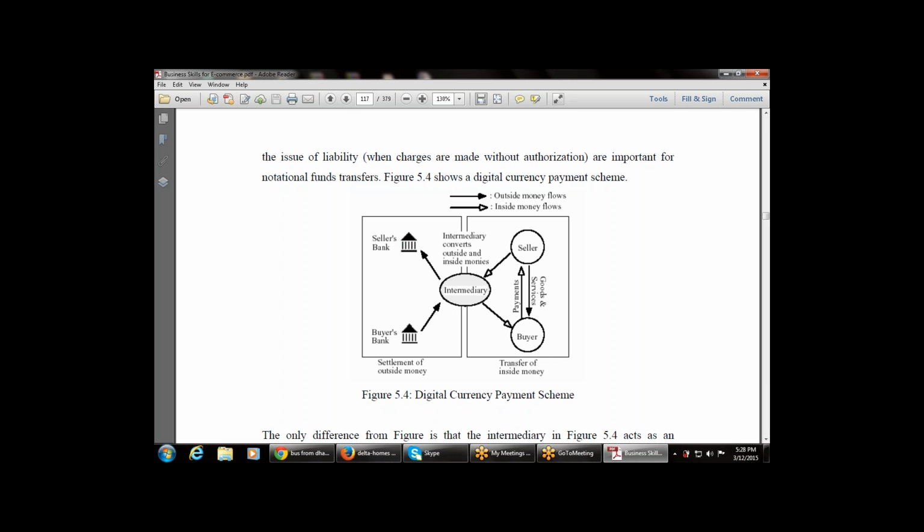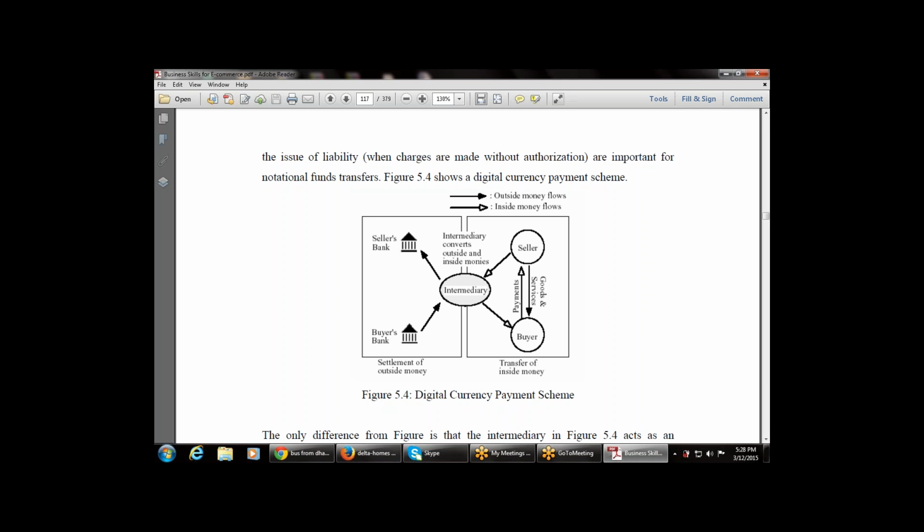There is an intermediary between the buyer and the seller, and there is a seller's bank and a buyer's bank. The intermediary converts outside and inside monies. It is the role of the intermediary to balance how much outside payment and how much inside payment is carried out.